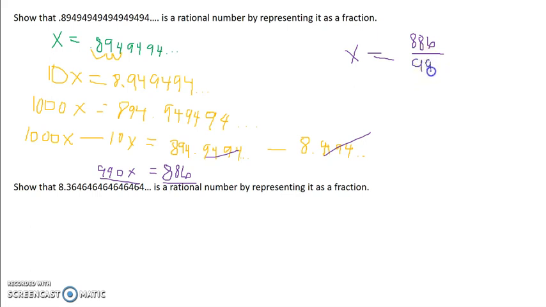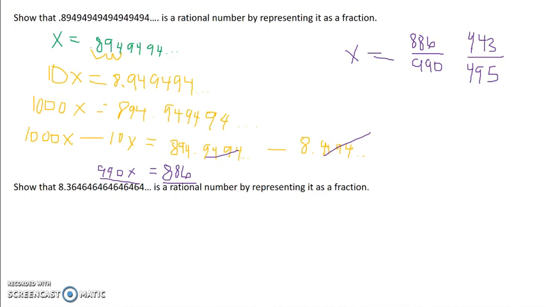And I can actually reduce this to 443 divided by 495, I think. Alright, I think you get the idea. I'm going to let you try this last one, 8.364646464, and if you have a question about it, you can ask in class.